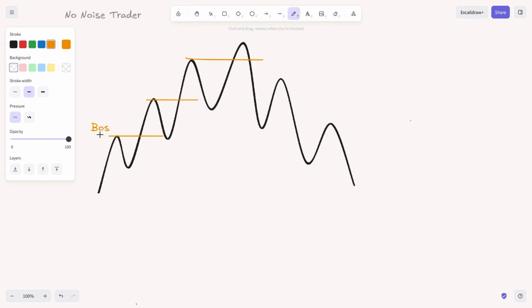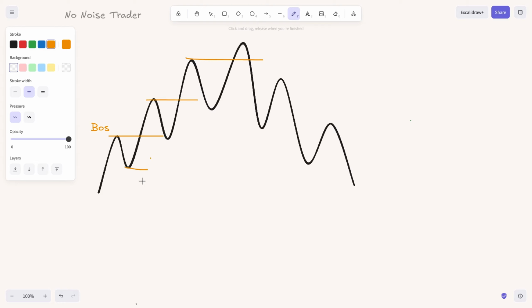We don't act on the break of structures. Break of structures are just a way to understand how the price moves. We don't trade on it. We could in a more internal way, but that's for later. It's more complicated. So here we have a break of structure, break of structure, break of structure. Then we check the lows.